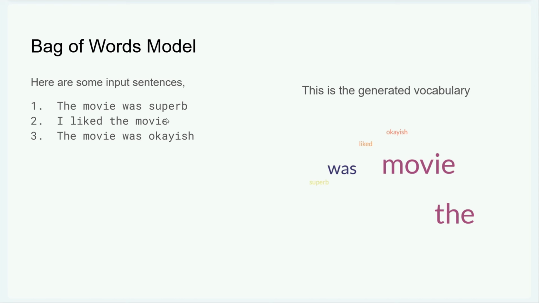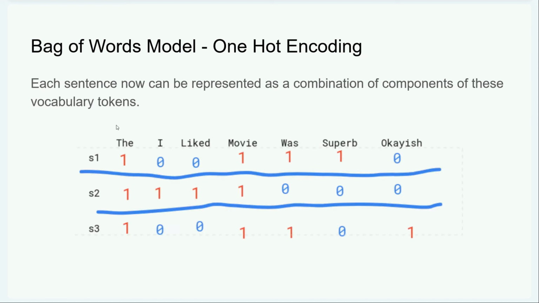Similarly, "liked movie," I can remove I and the, and for the third sentence, I can again remove the and was. Even without these words, they still tell me the intent of the sentence, which is my task. But here, you either get 1 or 0. Some words should have more weightage than others, depending upon the task that you're trying to achieve. Here, you get 1 if the word is present and 0 if it is not. So the, was, movie, and superb all have a similar weightage.